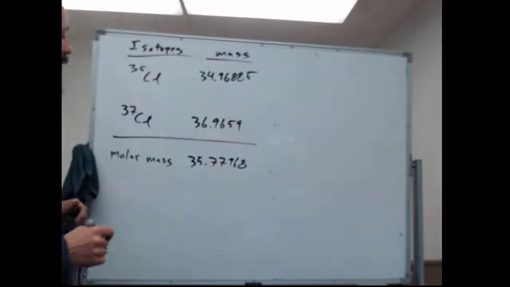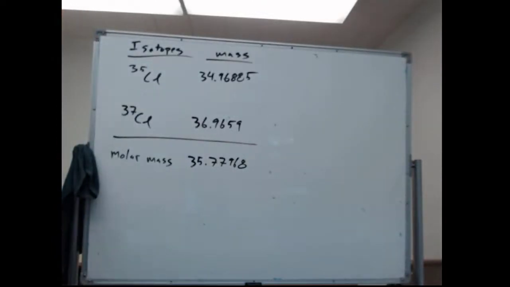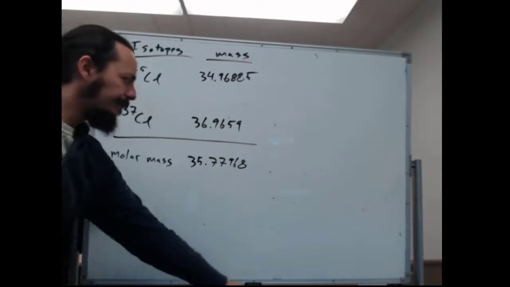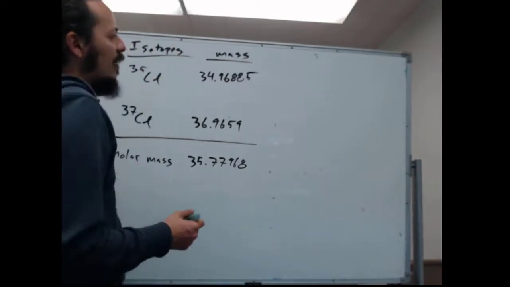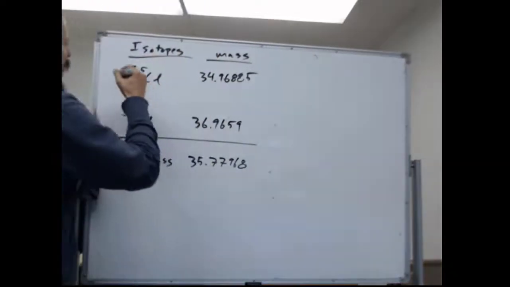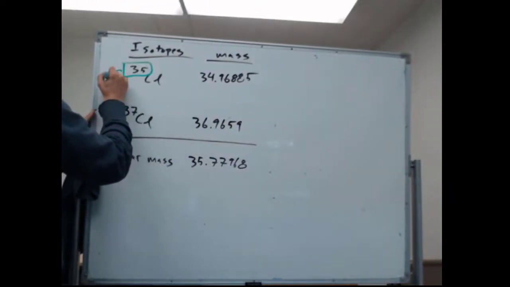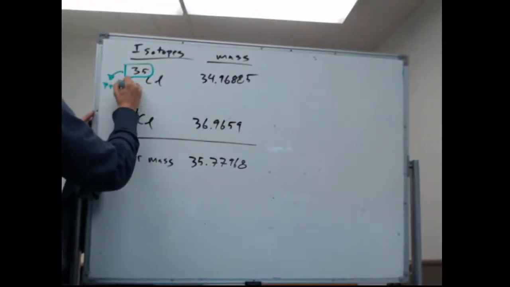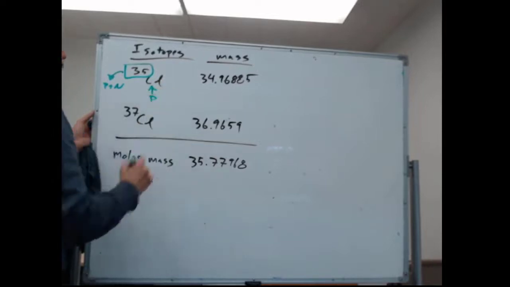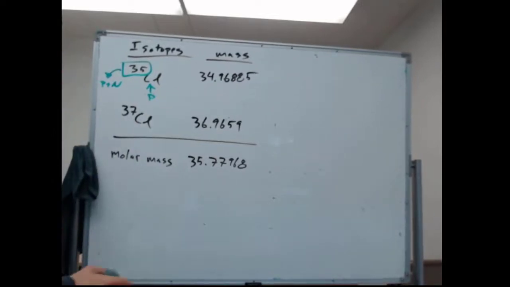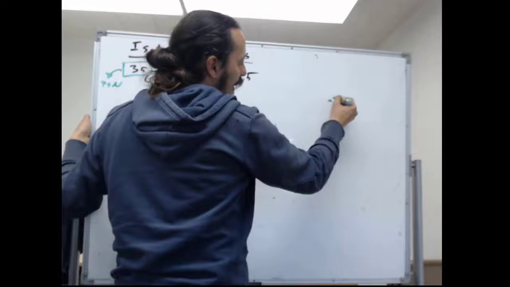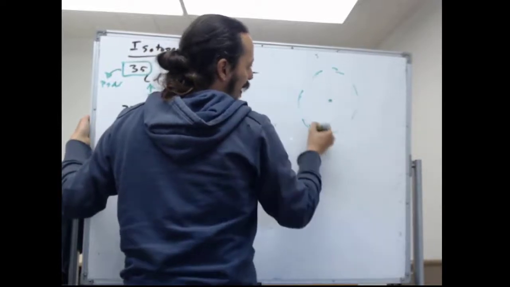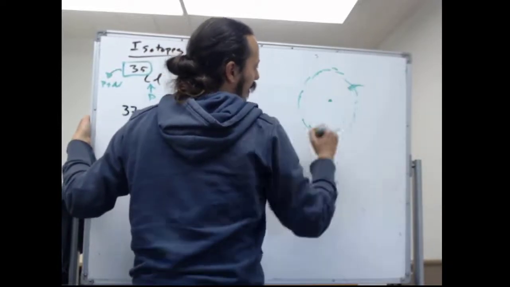That's all given. We have to understand a couple things. One, when we're looking at these different isotopes, the number in the top left corner, when we're looking at an element, we've got a nucleus with some electron cloud around it.